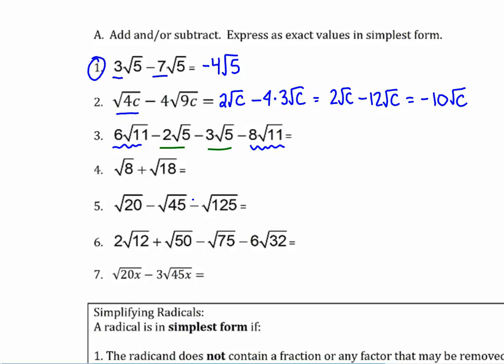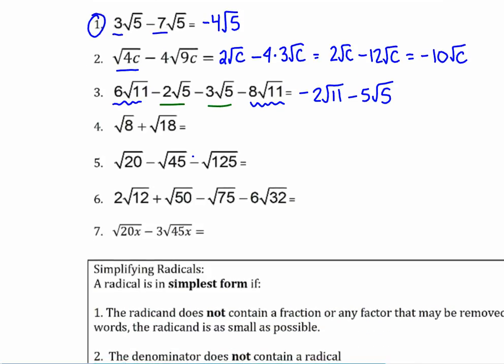Those are simpler times. Yes. Okay, let's do the root 11. 6 minus 8. Negative 2 root 11. Negative 2 minus 3. Negative 5 root 5. Good. We add 4. Not yet.